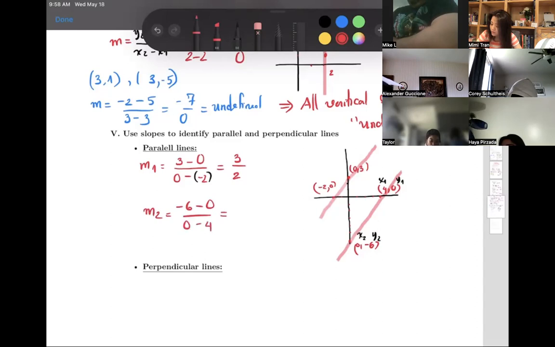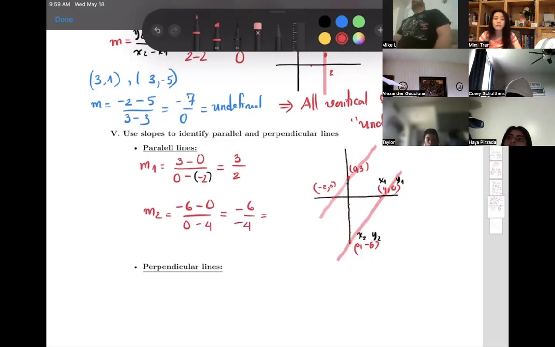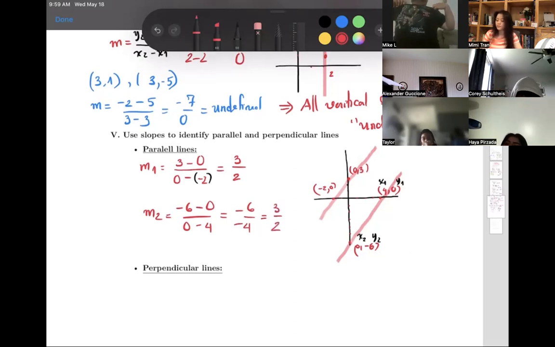So I have the top, I have negative 6. The bottom, I have negative 4. Well, the negative and negative cancel. If you simplify 6 over 4, what do I have? Three over 2. Yeah, thank you, Haya. 3 over 2.